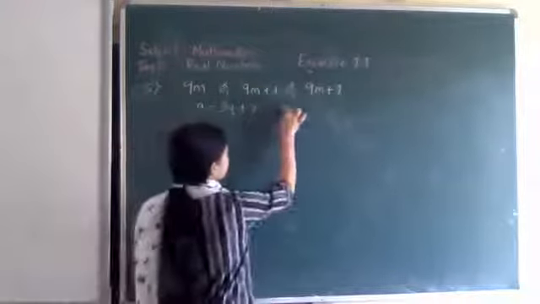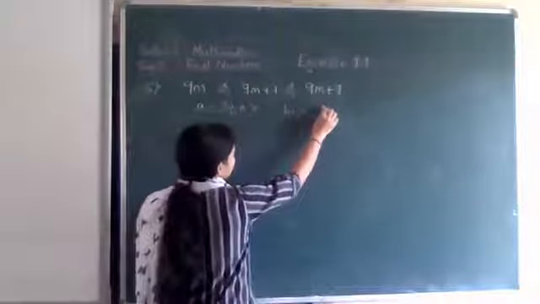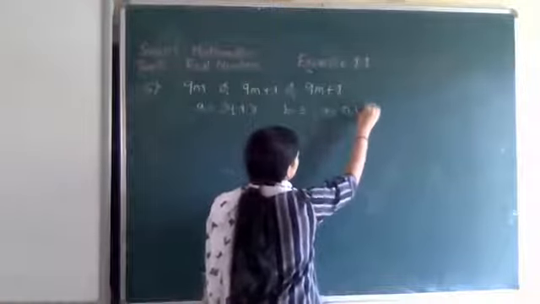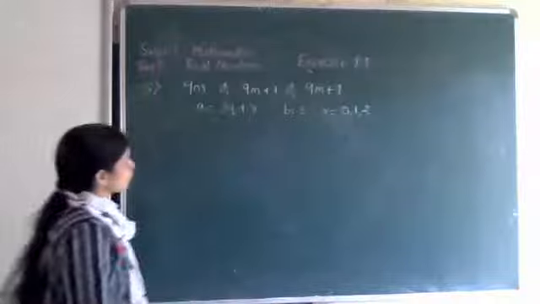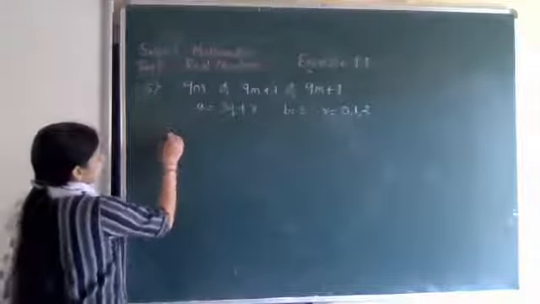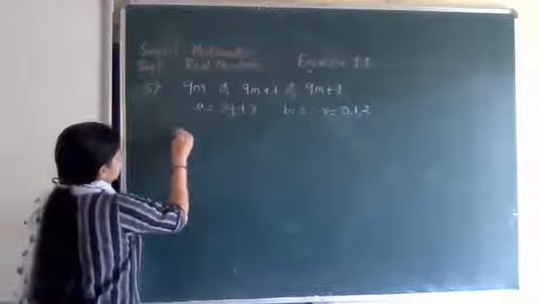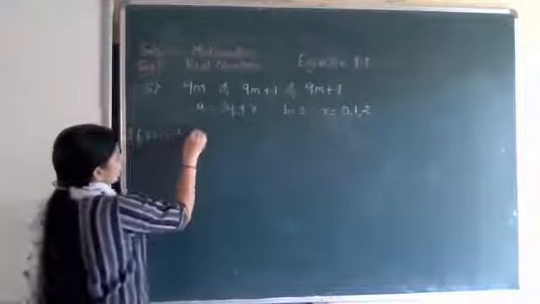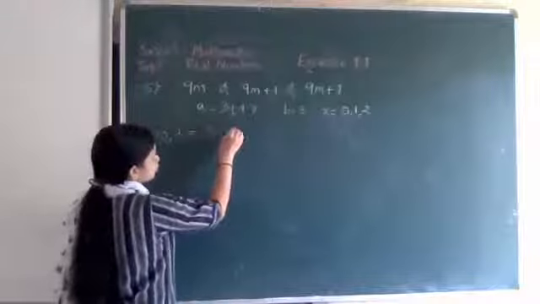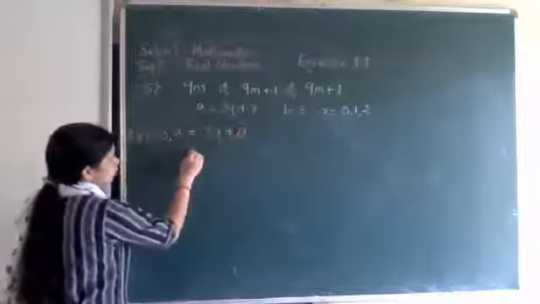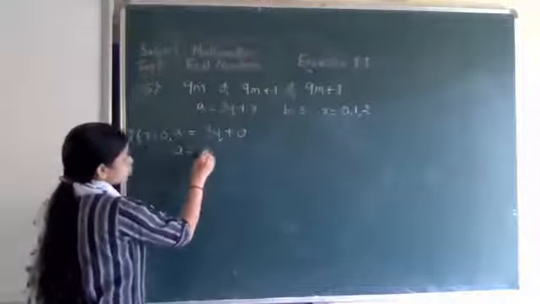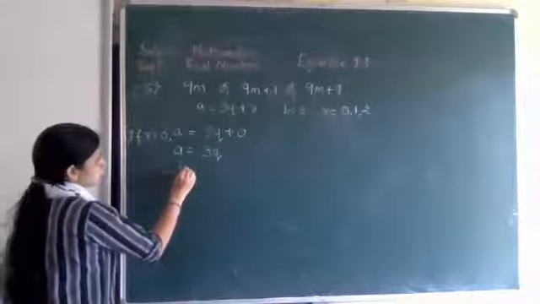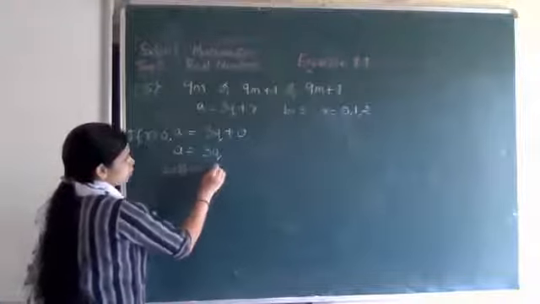Here b is 3 and r can be 0, 1, 2. If r is equal to 0, then a is equal to 3q plus 0. Then a is equal to 3q. We have to do cubing on both sides.